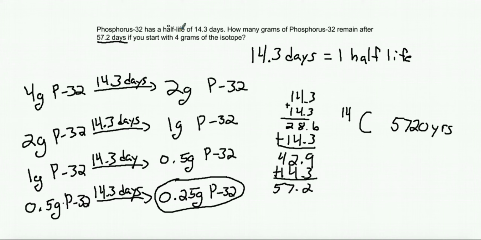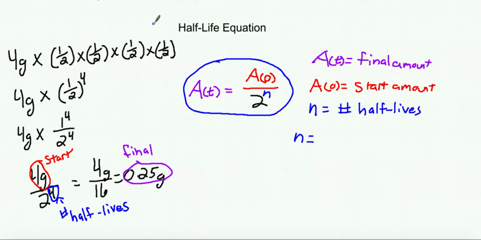Well, it's not a coincidence that 4 half-lives passed by, and 57.2, the time that passed, divided by 14.3, the time of a half-life, is 4. So using this information, we can say that the number of half-lives is equal to the time that has passed over the time of one half-life.